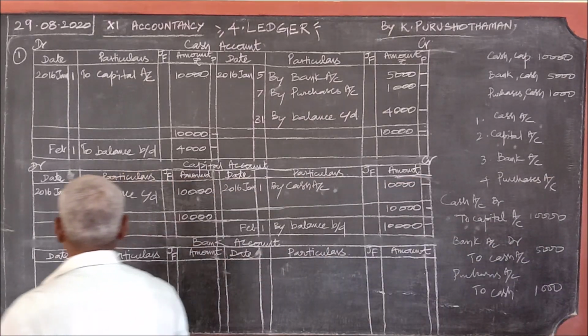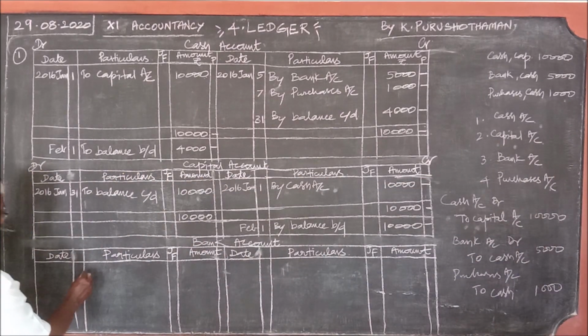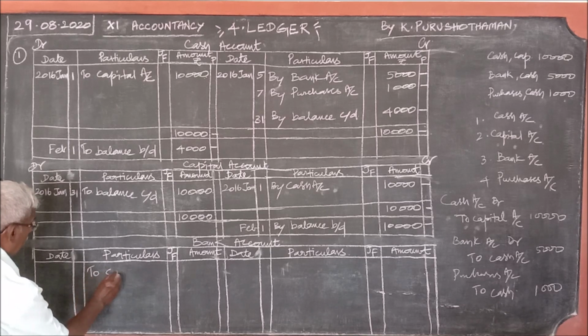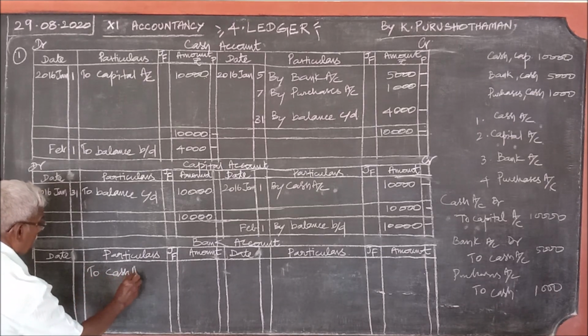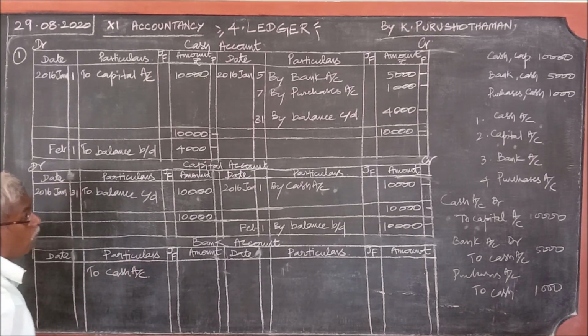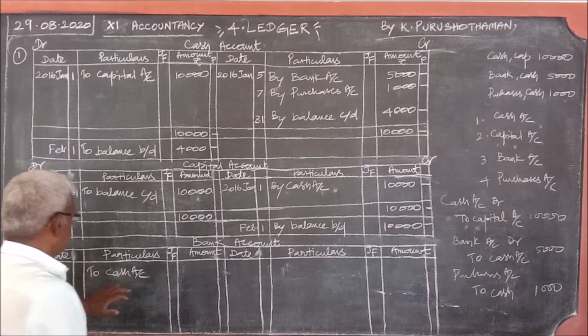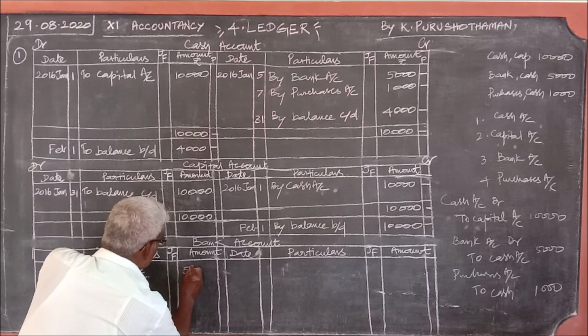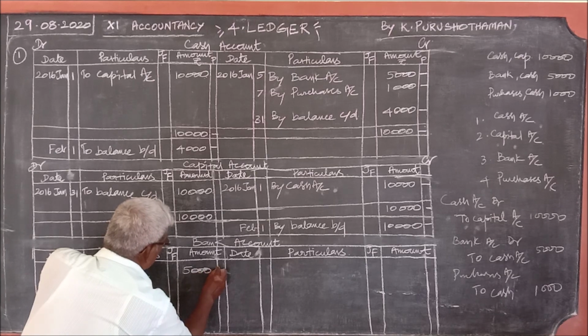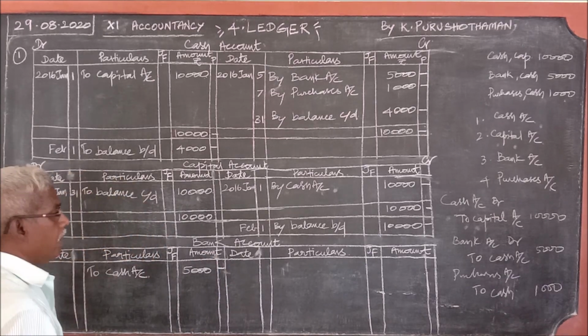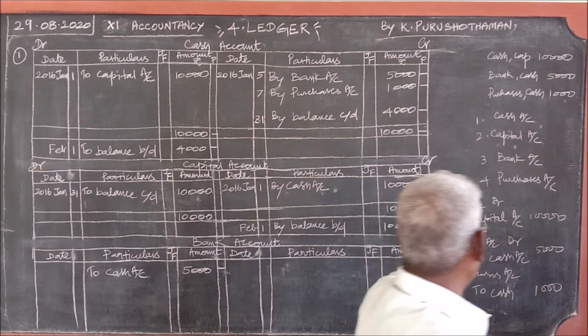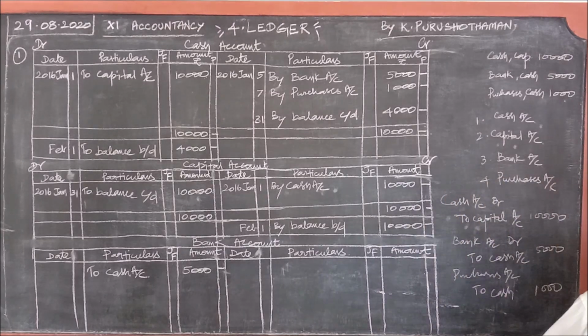Therefore, to cash account, 5,000. Is there any other bank account entry out of these three? Nothing. So with this we should close the ledger.